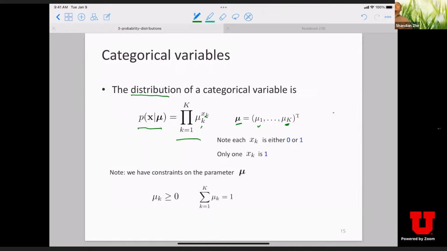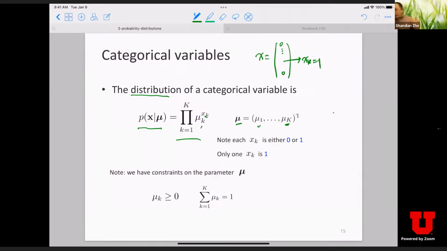Why is this correct? Anyone tell me why? Yes, exactly. As we just mentioned, we represent X as a one-hot encoding, meaning that in this vector, all the elements are 0 except the category you really take, which will be set to 1.